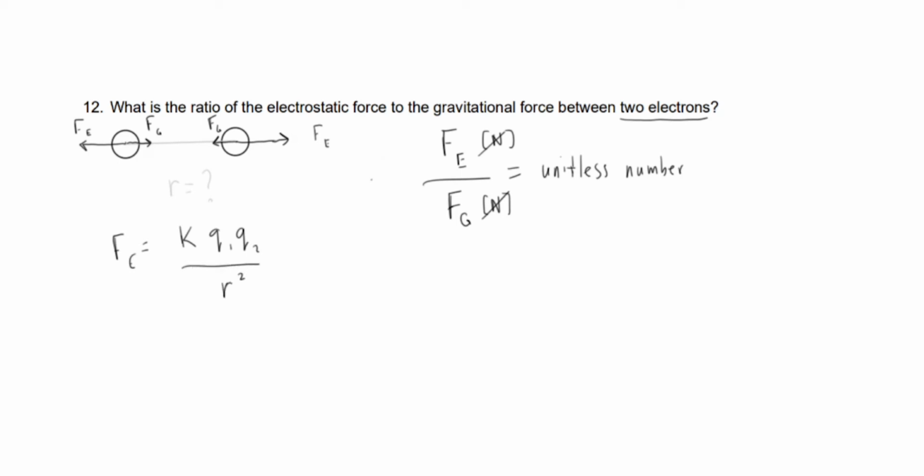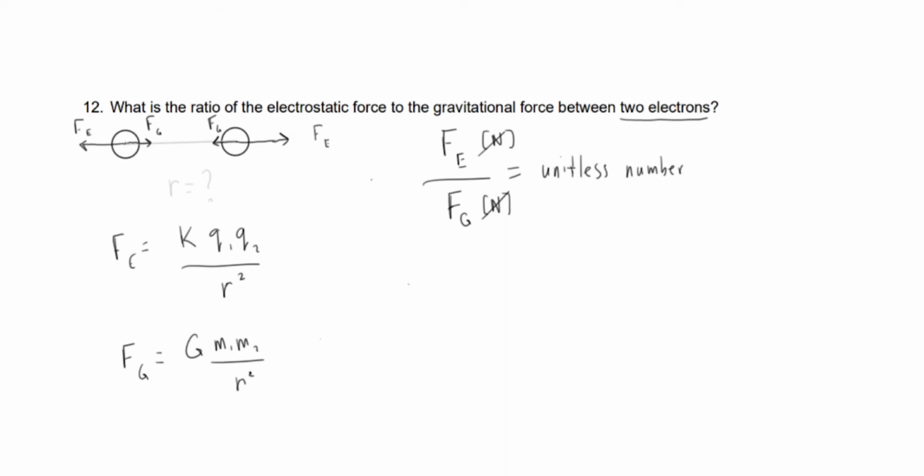And R is unknown, mind you, but we'll just leave that alone for now and see if anything nice happens as we go along. And the gravitational force is very similarly the gravitational constant, big G, times the mass of the first object times the mass of the second object, divided by their distance squared again. And again, those distances are going to be the same for both.